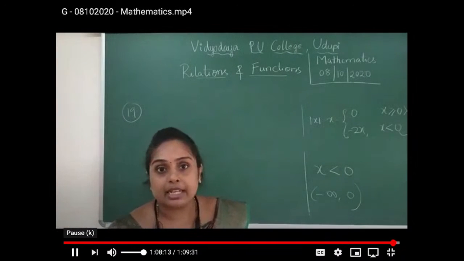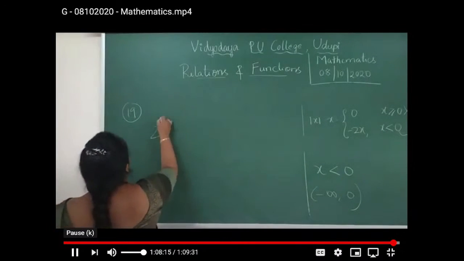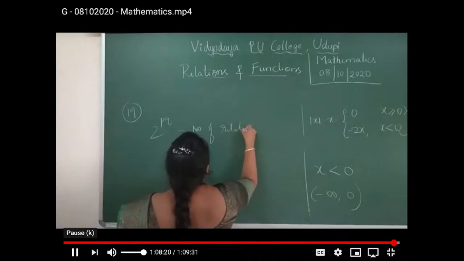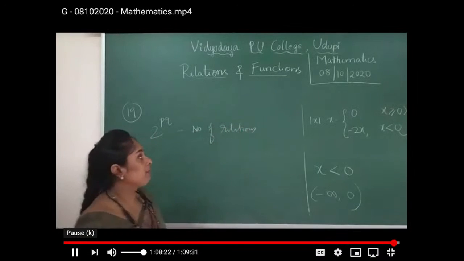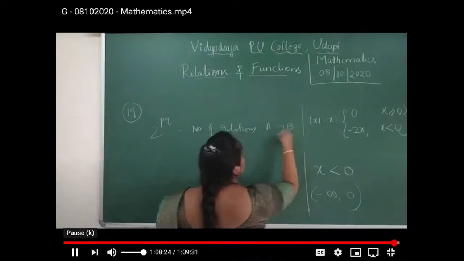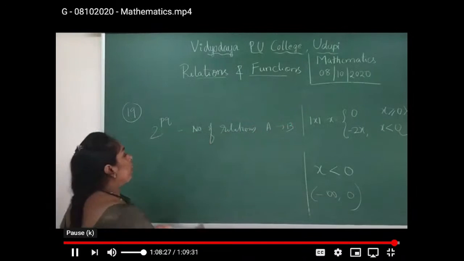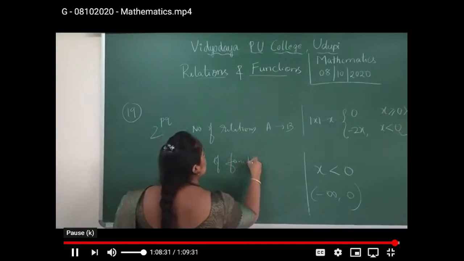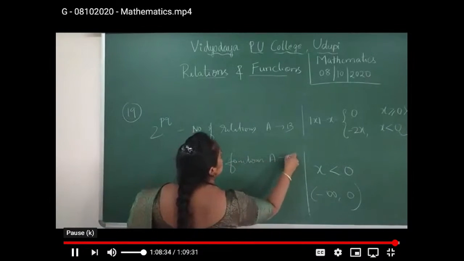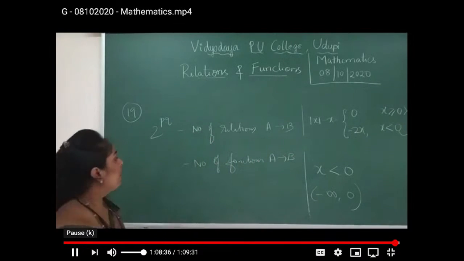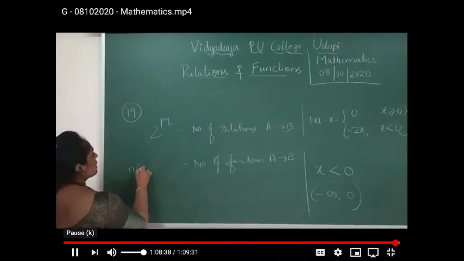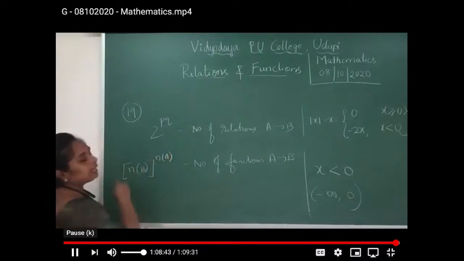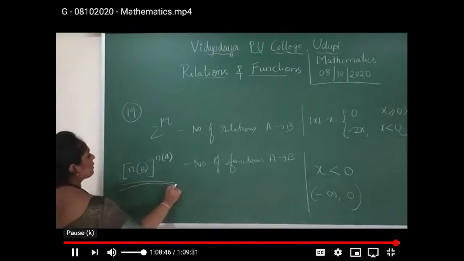Now you know the number of relations from set A to set B is 2 power pq. This is the number of relations from A to B. But if you want the number of functions from set A to set B, the formula will be the number of elements in set B to the power of the number of elements in set A. Remember this formula.